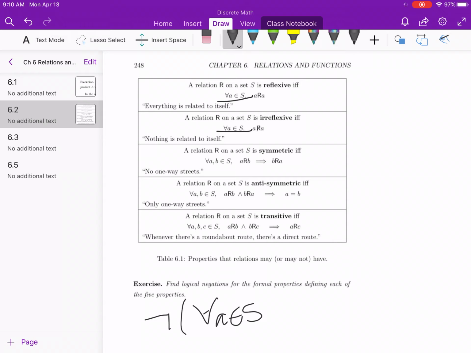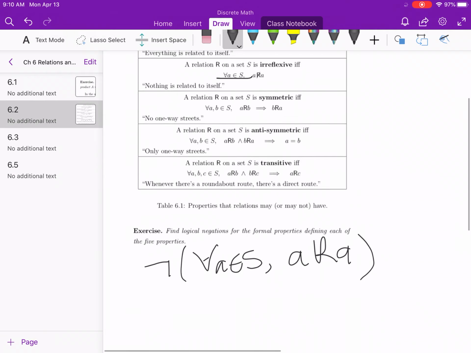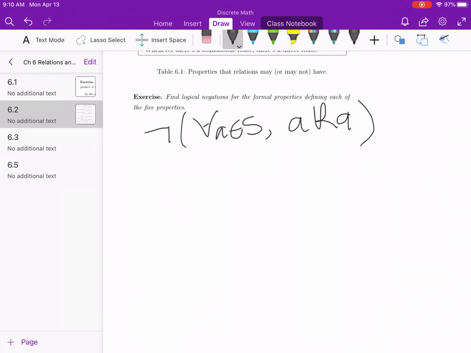A R A, A is related to itself. That's what it means to have the reflexive property. Well, to not have the reflexive property, notice that means that there exists some A in S such that A is not related to itself.